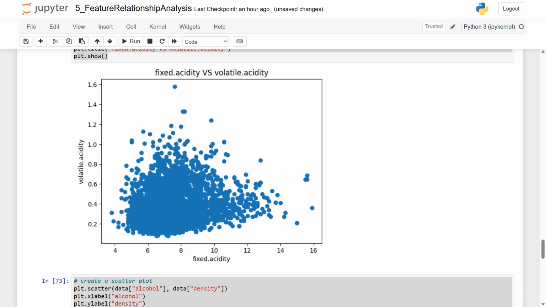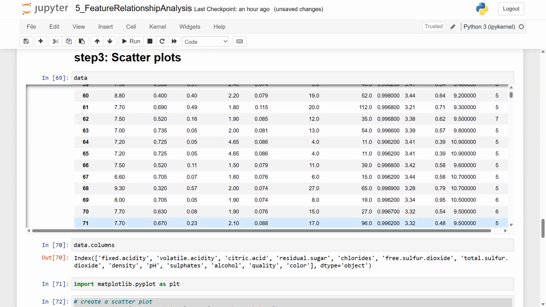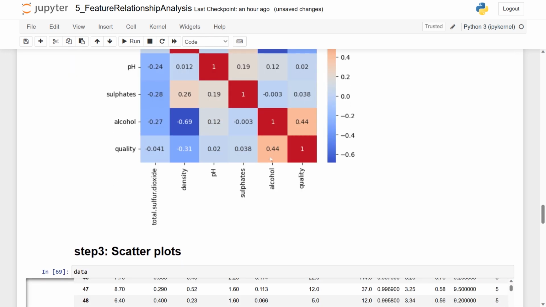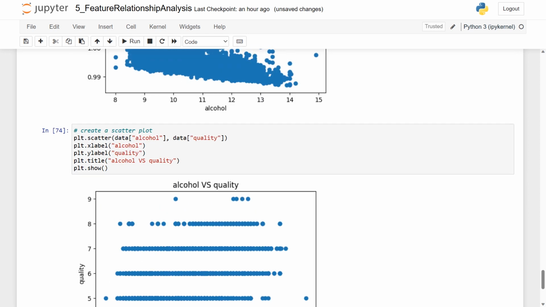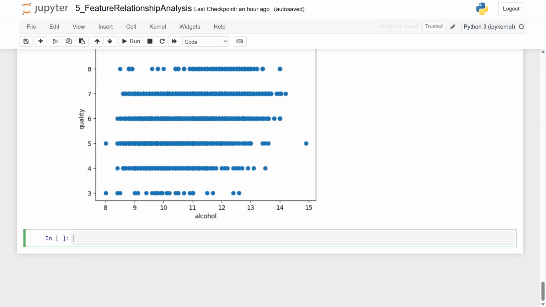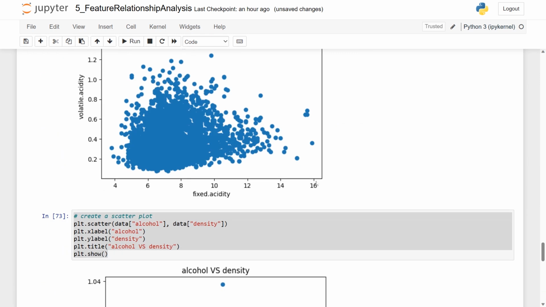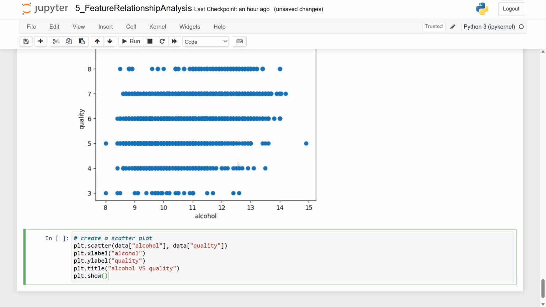Now let's take up other data. Let's take sulfur dioxide with the quality. Randomly we have plotted the scatter plots, and we have found positive correlation, negative correlation, a kind of pattern.